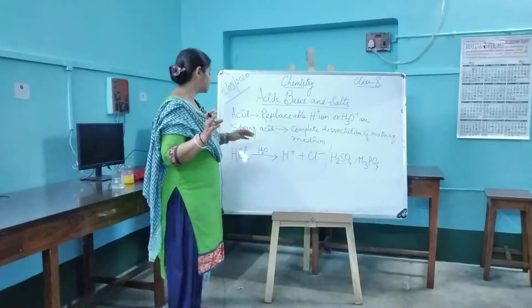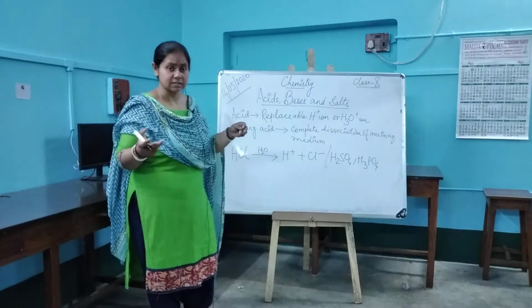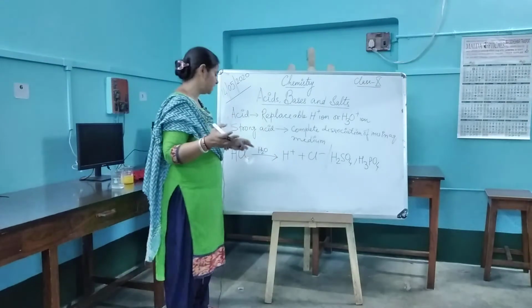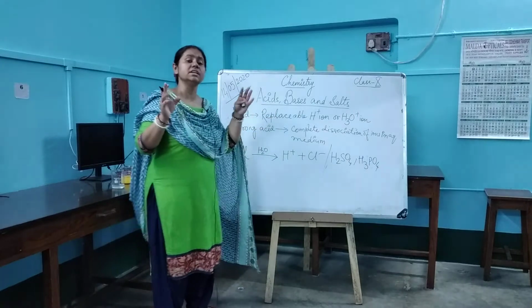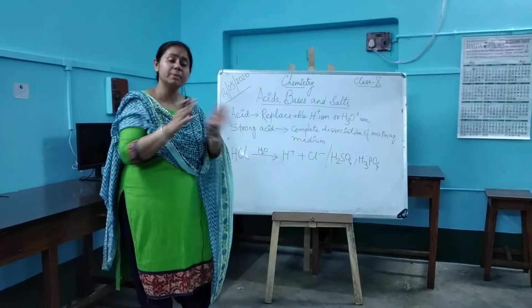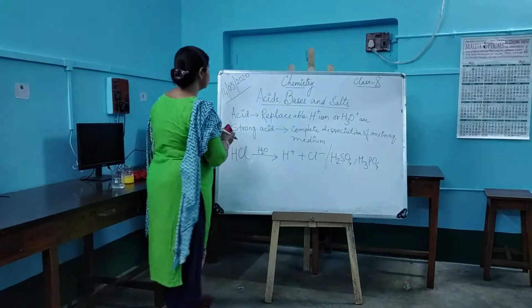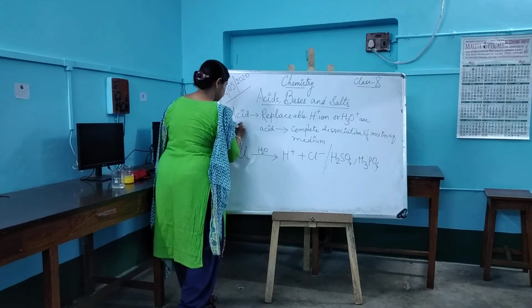Those acids we call strong acids. Any type of mineral acid is basically called a strong acid because it dissociates completely in the aqueous medium. Fine. Next we move on to the section of weak acid.